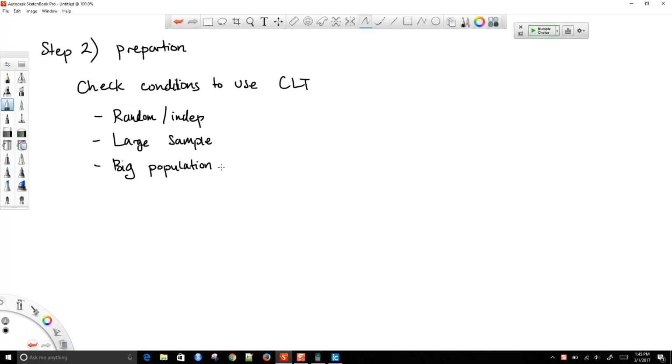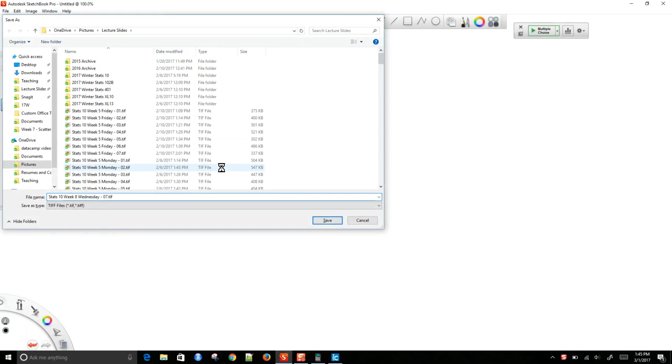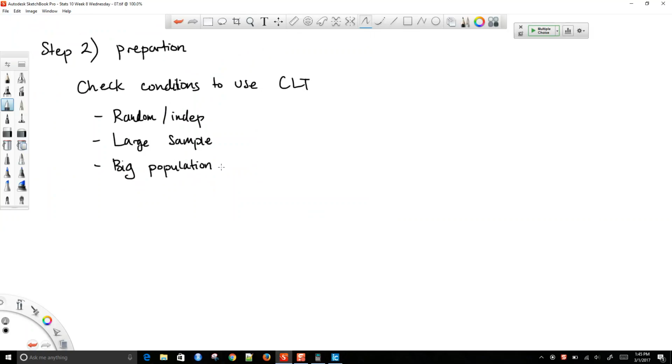Now, for exams, it's hard to write questions where you're supposed to check these things, because if these conditions fail, you cannot continue the analysis, right?